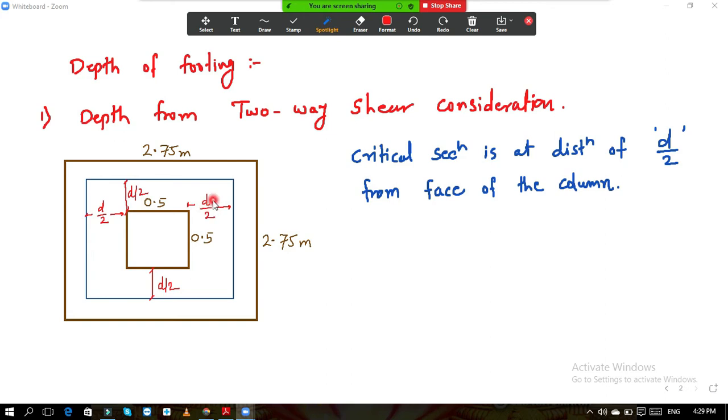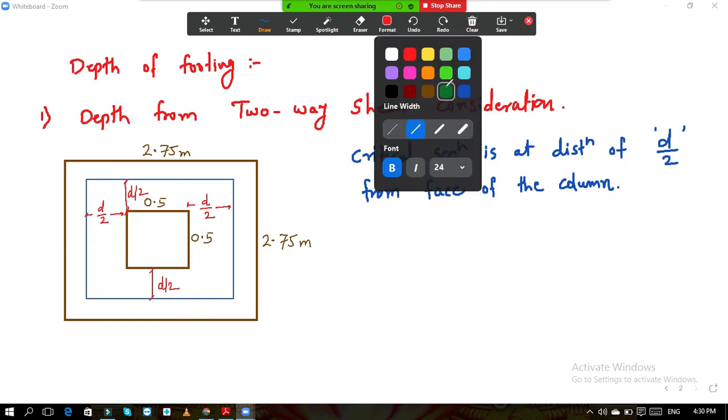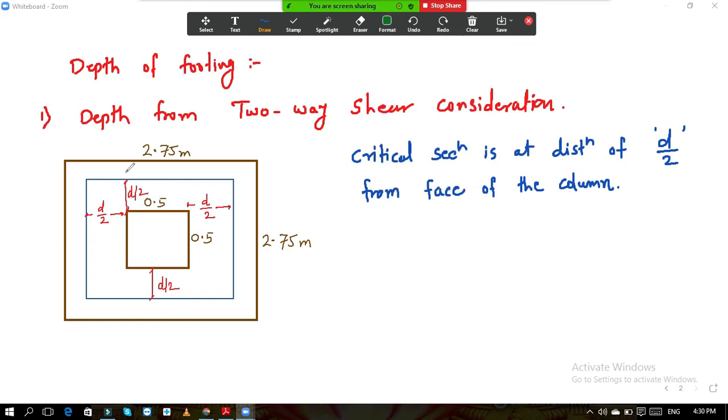Still we don't know the value of d. To calculate the value of d, all these things we are doing. So if this is 0.5, then this is 0.5 plus d up to this point.